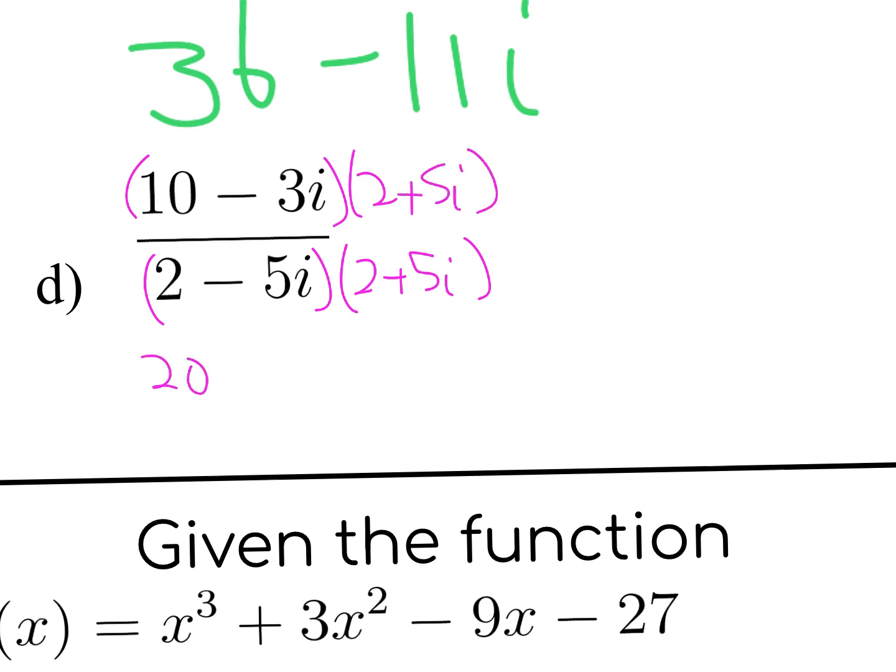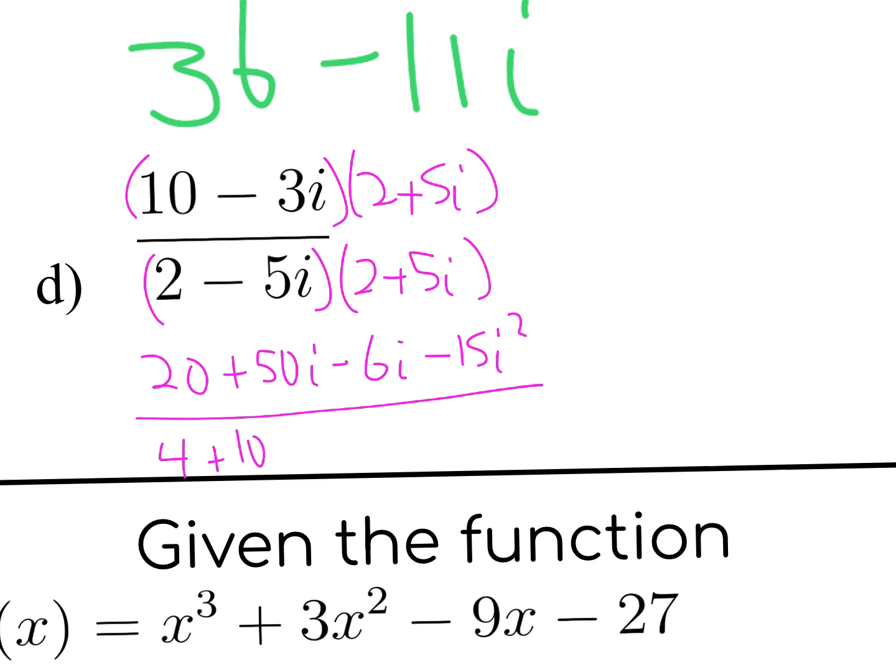So that's 20 plus 50i minus 6i minus 15i squared over 4 plus 10i minus 10i minus 25i squared, which is going to be 20 minus negative 15, so 35. 50 minus 6 is 44. 10i and negative 10i go away.